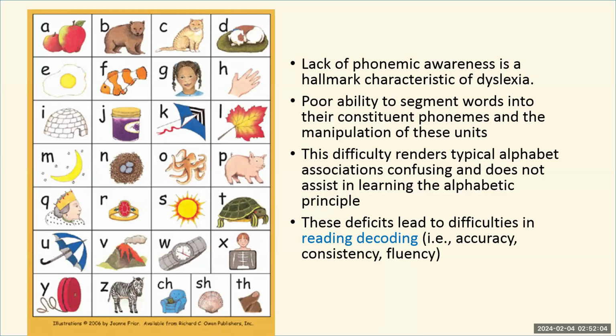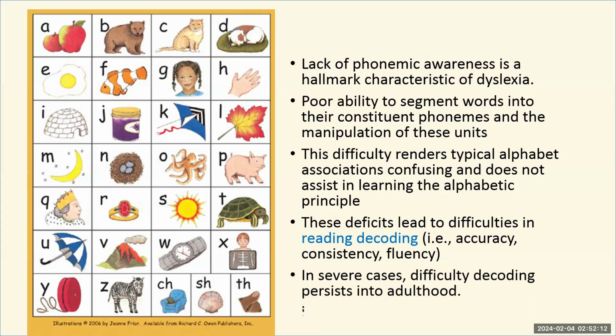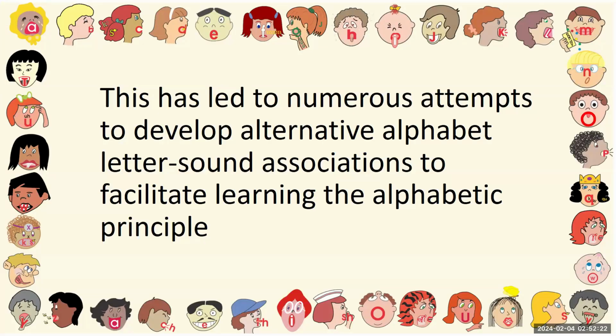These deficits lead to difficulties in reading, decoding, including accuracy, consistency, and fluency. In severe cases, difficulty decoding persists into adulthood. This has led to numerous attempts to develop alternative alphabet letter sound associations to facilitate learning the alphabet principle. So let's look at a few of these.